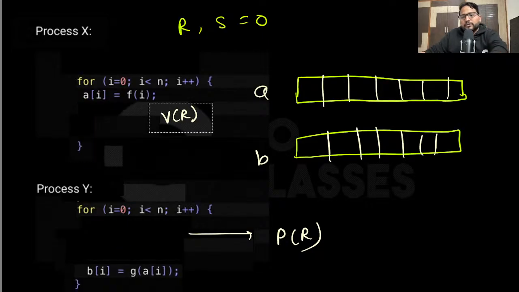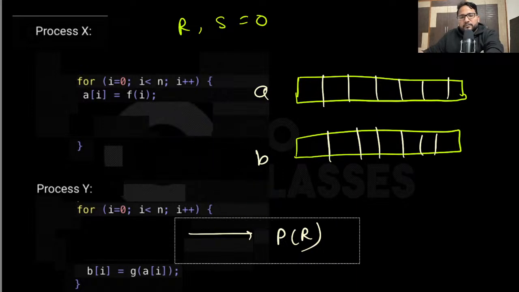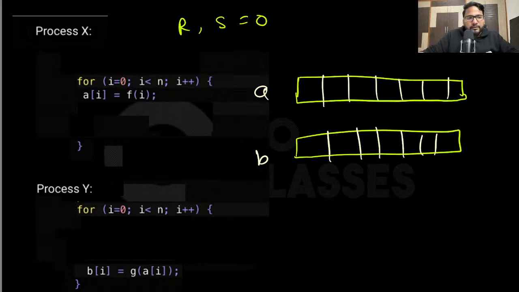So this is V of R, this is P of R, right?